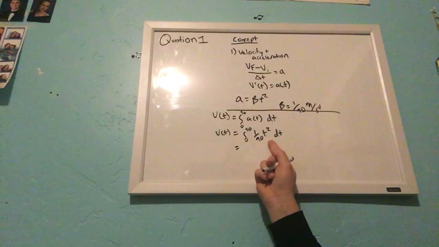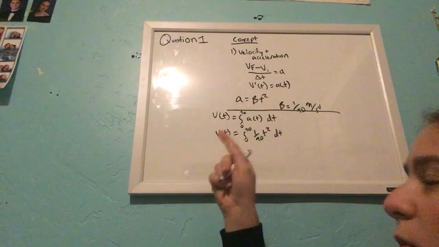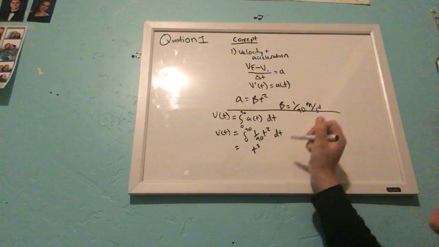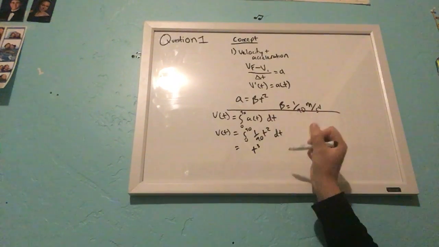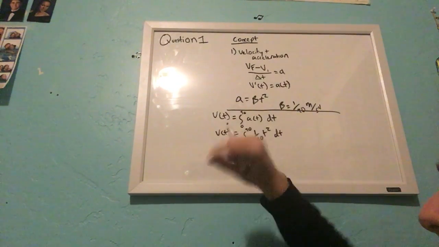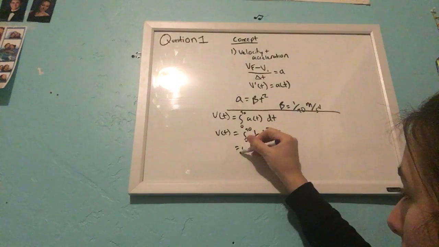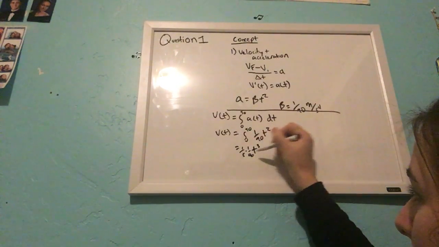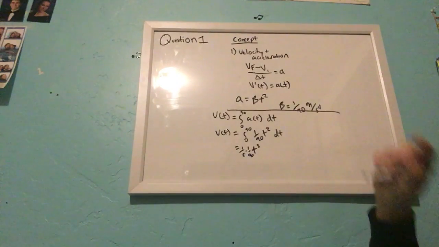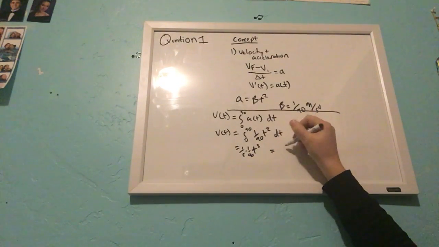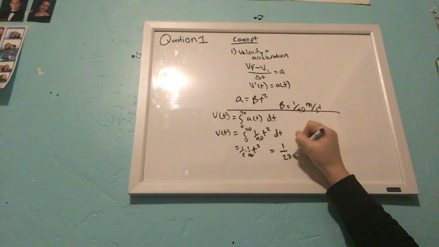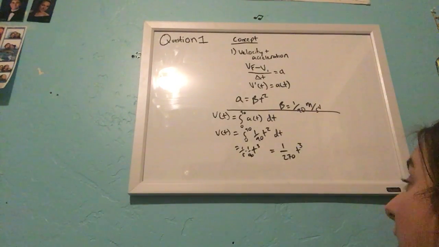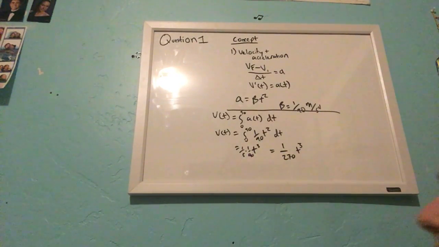First I'm going to raise t to plus 1, so 2 plus 1, 3, so t to the third. Then I'm going to put that down over here and do the reciprocal of it. So it's going to be 1 over 3 times 1 over 90, and so that will be 1 over 270 t to the third. And so that's the integral of 1 over 90 t squared.